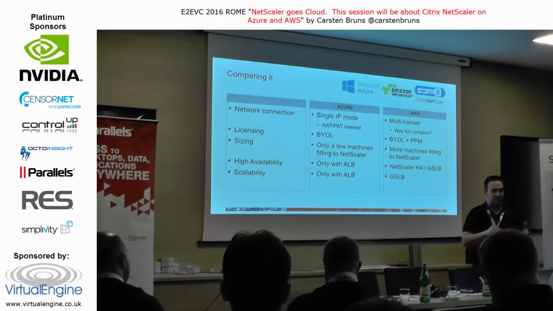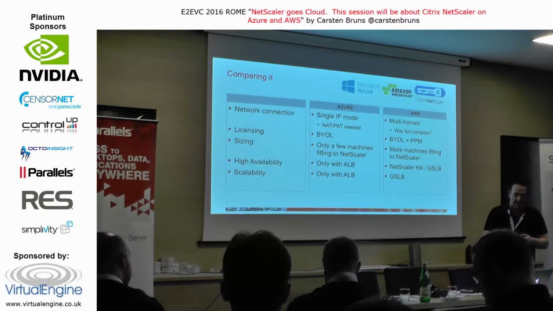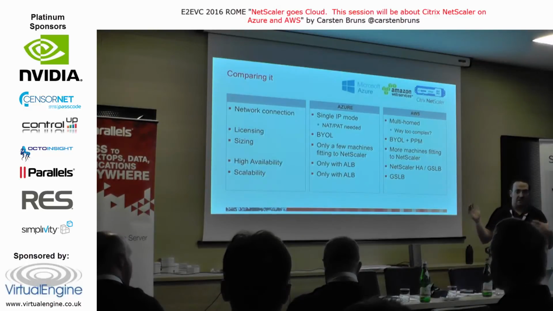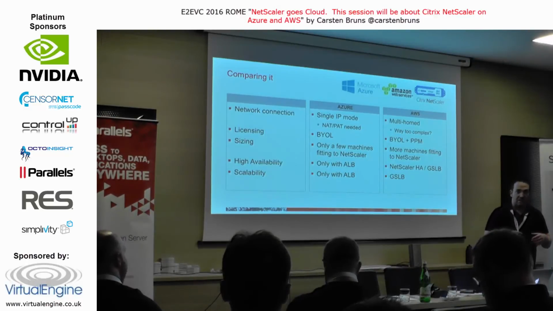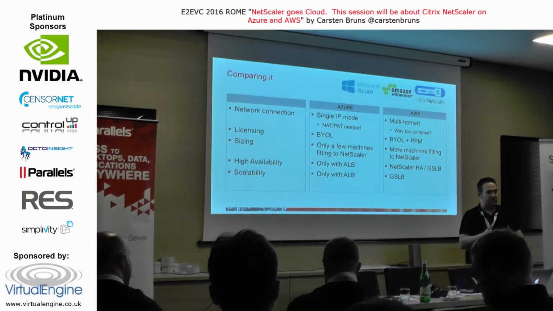So if you know the sizing guide for MPX systems, you won't find them in the machines you can choose on Azure. The machines on AWS are a little bit better, I think. But the next point is, I think Citrix will build a new deployment package in the Marketplace for Azure-based systems, which will fit much better than now.